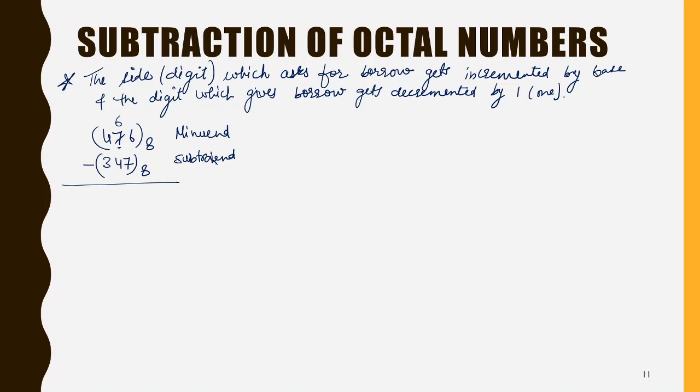It gives the borrow in the form of the base, so it gives 8. It is 6 and 8 more comes, so it becomes 14. 8 plus 6 is 14 in decimal. And how do you write 14 in octal? You write 16. So this 1 is added before this 6.